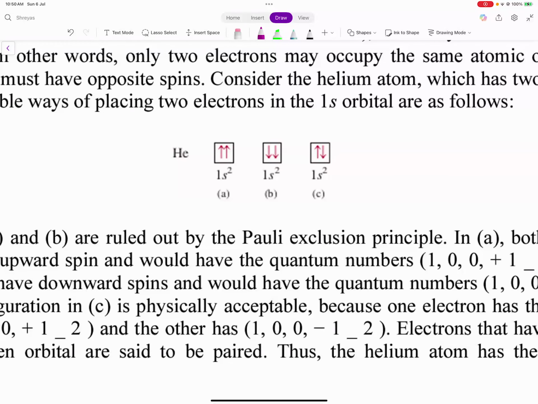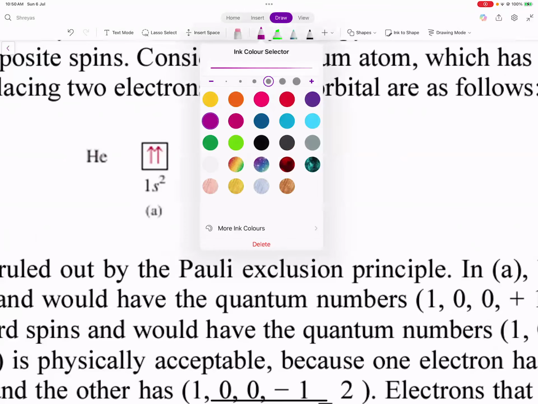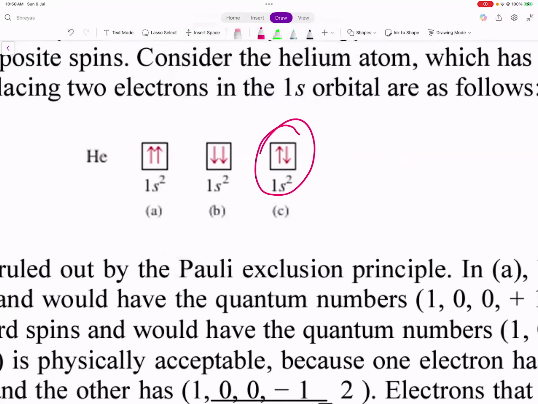For helium, the 2 electrons are in the 1s orbital, and they have opposite spins. It cannot have parallel spins. This is Pauli's rule.